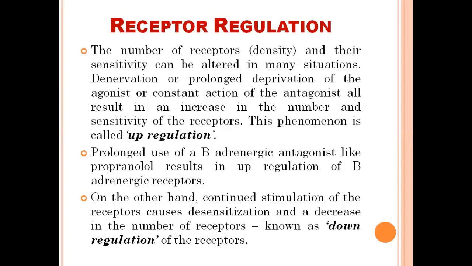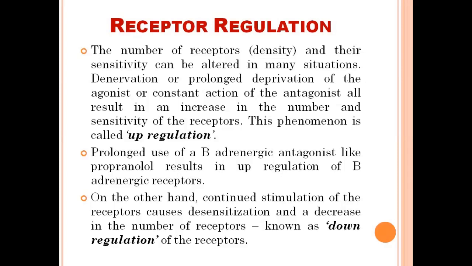On the other hand, continued stimulation of the receptors causes desensitization and a decrease in the number of receptors, known as downregulation of the receptors. So first we have seen upregulation, where there is an increase in the number and sensitivity of the receptors, but downregulation is when there is continuous stimulation of the receptors which causes desensitization and a decrease in the number of receptors.